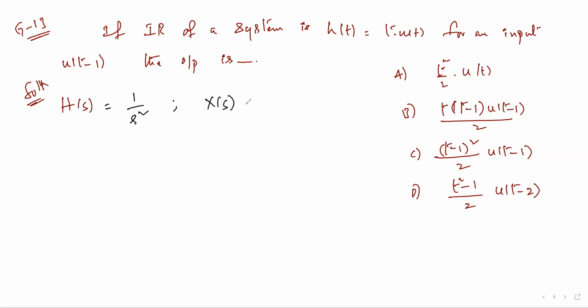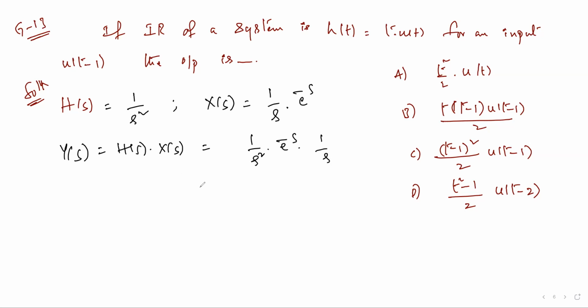That means X of s is 1 by s e to the power of minus s. Then output Y of s is H of s times X of s. That is 1 by s square times e to the power of minus s times 1 by s, or 1 by s cube e to the power of minus s.